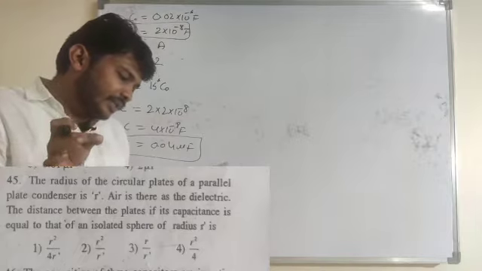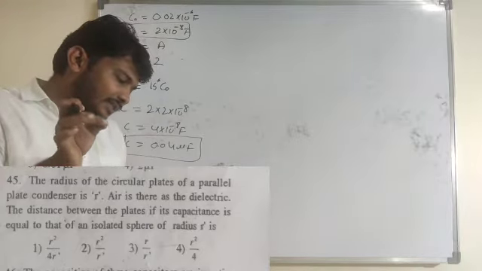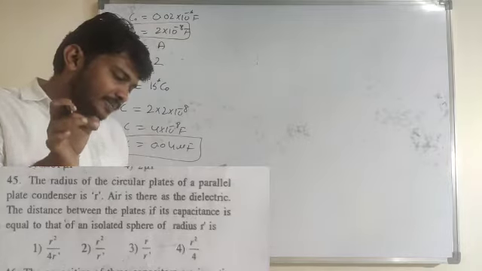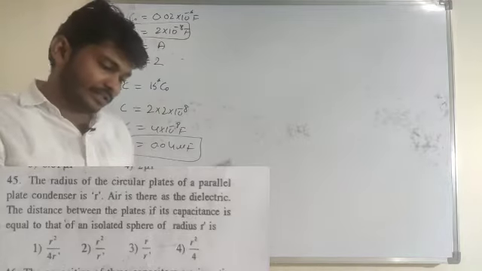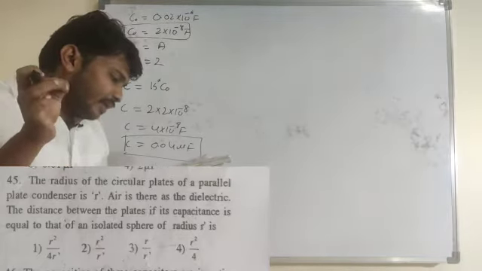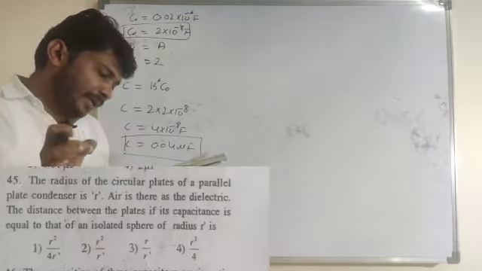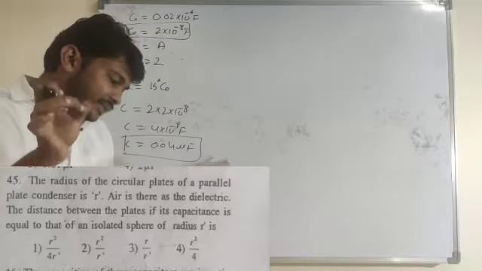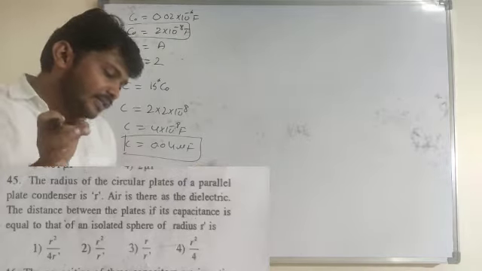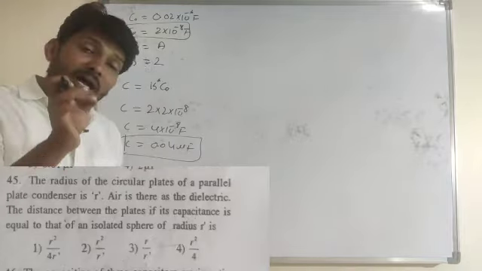The distance between the plates, if its capacitance is equal to that of an isolated sphere of radius r dash, is. So which thing do I need to determine here?